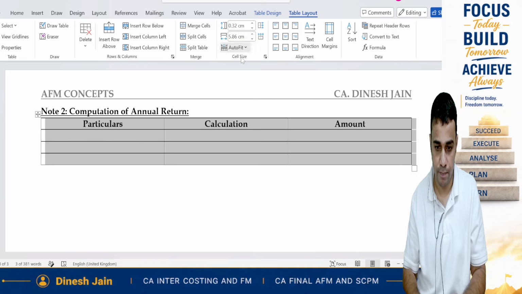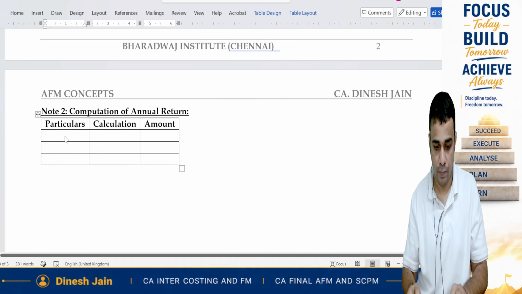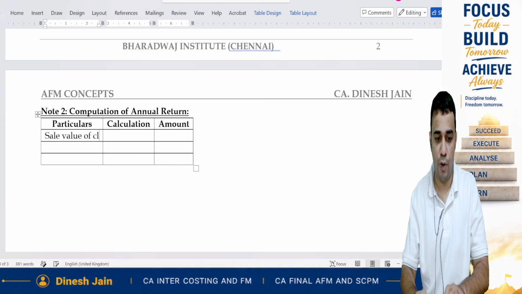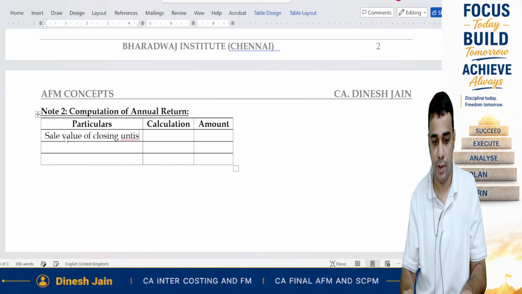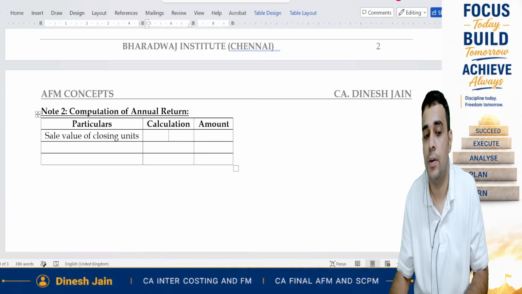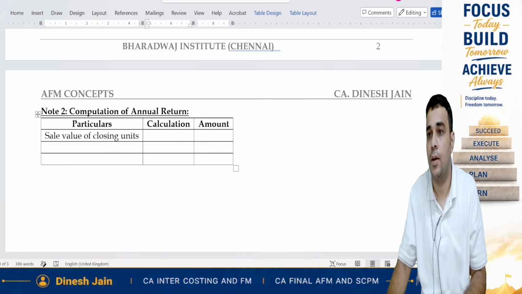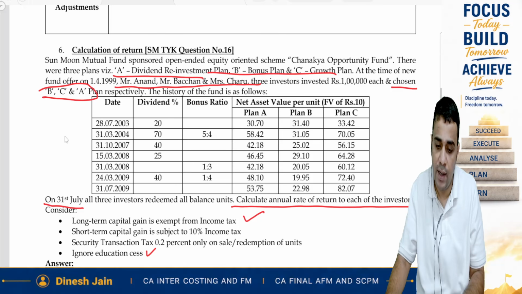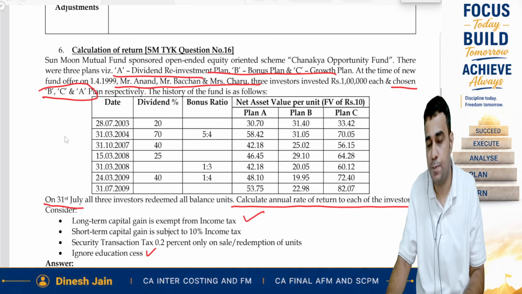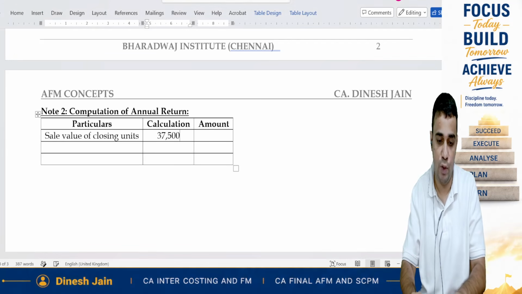Sale value of closing units. Which plan are we analyzing? Bonus plan. Is it plan A, B, or C? B. 37,500 into what is the NAV for plan B?